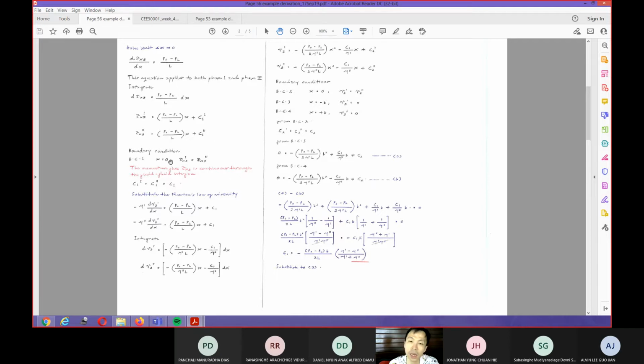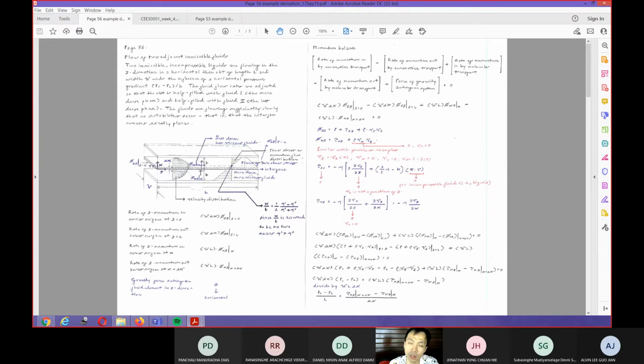Then the boundary conditions here: BC 1 is at x equals 0, where the shear stress should be continuous. This will be the application of the boundary conditions that we mentioned before in week 2. The first boundary condition is the no slip condition.